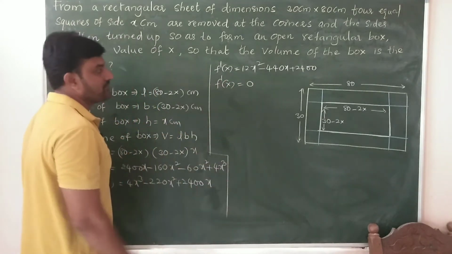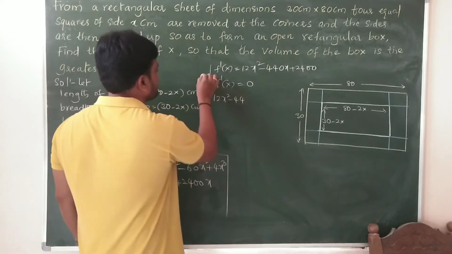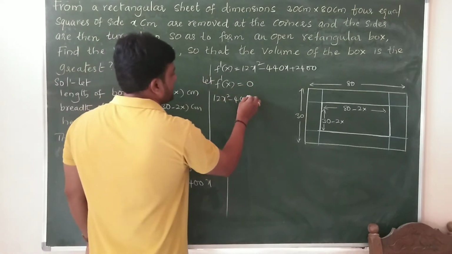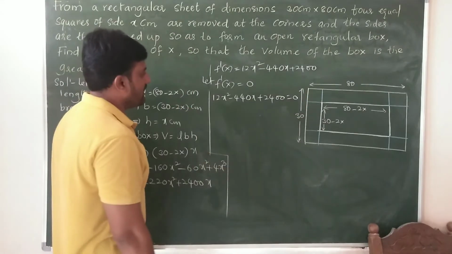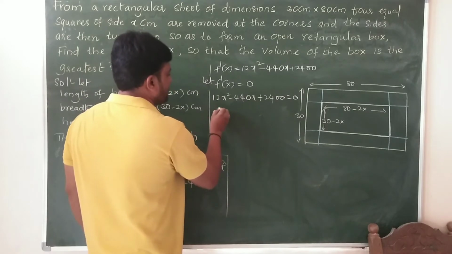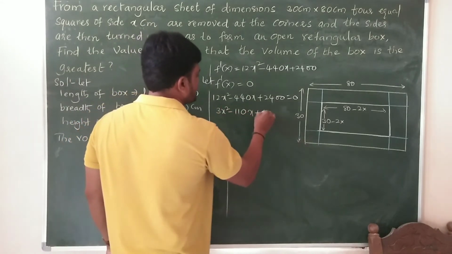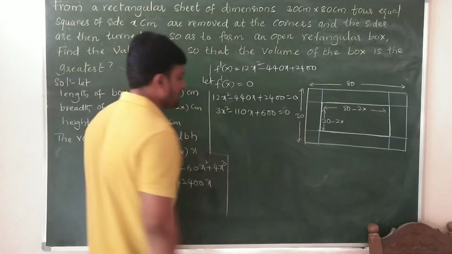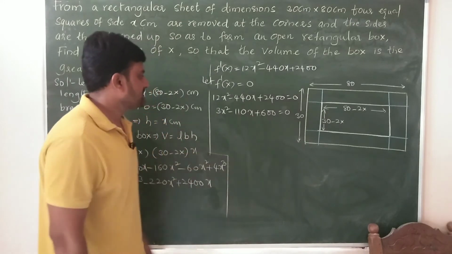Then 12x square minus 440x plus 2400 equals 0. All are multiples of 4, so dividing by 4 gives 3x square minus 110x plus 600 equals 0. Now it is a quadratic equation in x.